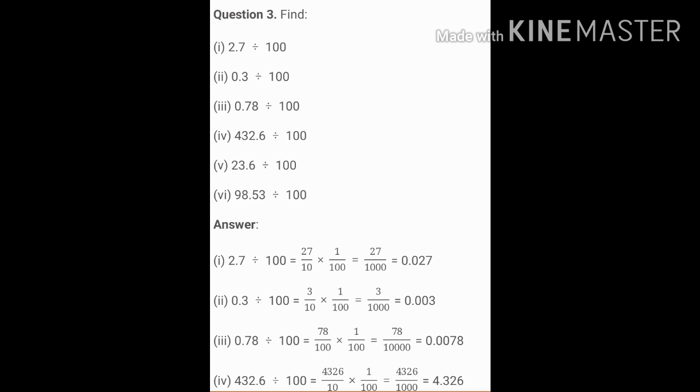Now let's have a look on the third part. It's 0.78 divided by 100. So two places of decimal are there. We are going to write it as 78 upon 100. To change division sign, again we are going to reciprocate the right hand side. 100 will be changed into 1 by 100. So the fraction we got is 78 upon 10,000.